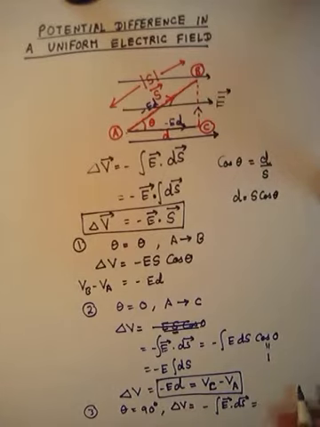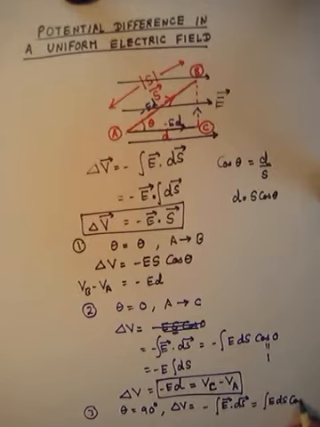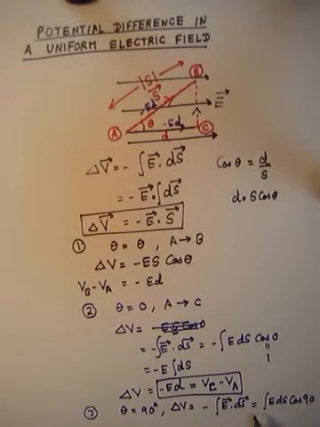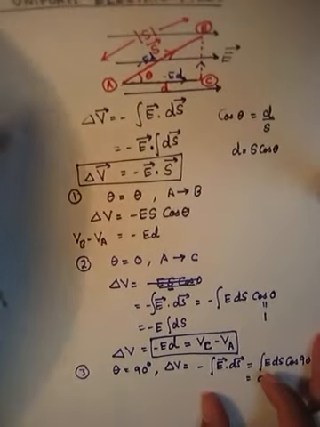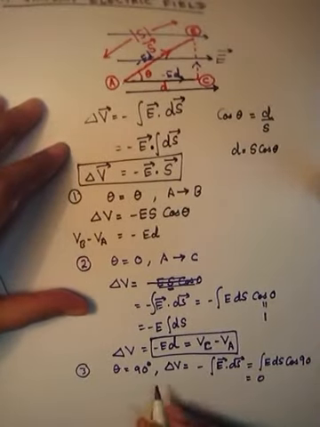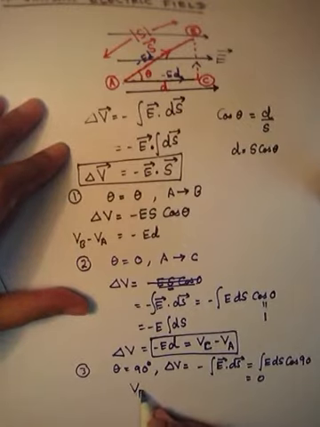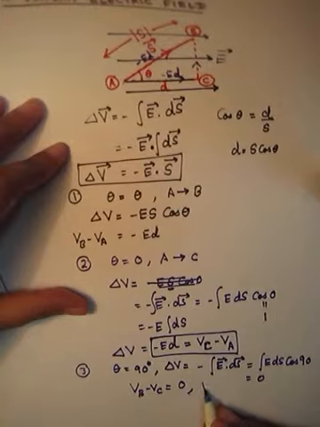So because of this, what you will get is E ds cosine of 90, so it will be equal to 0. So what it means is that the potential at B minus potential at C is equal to 0, or potential at B is equal to potential at C.